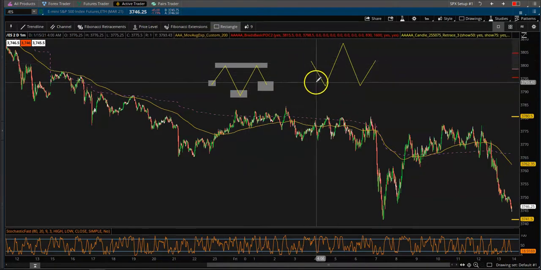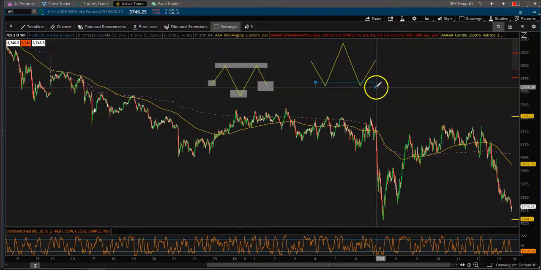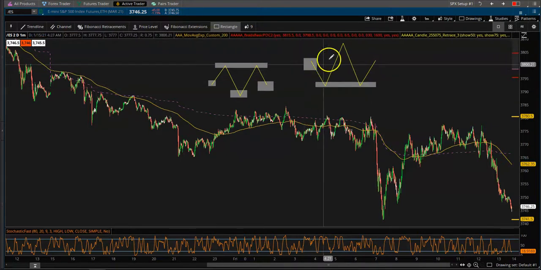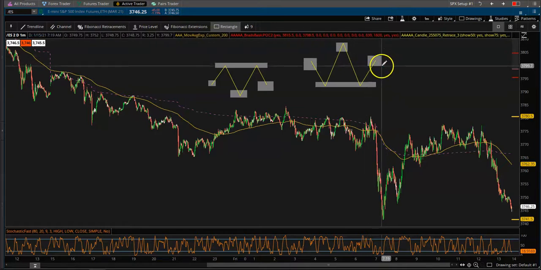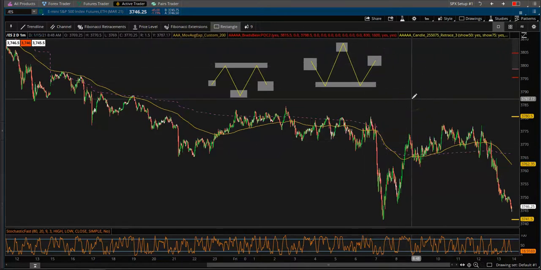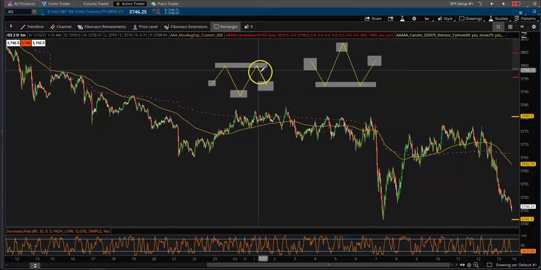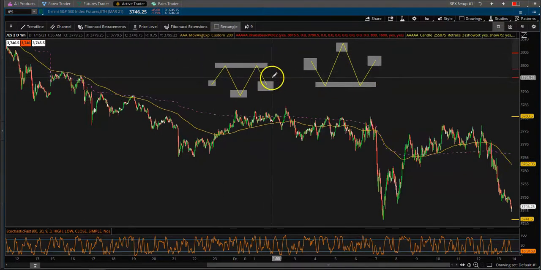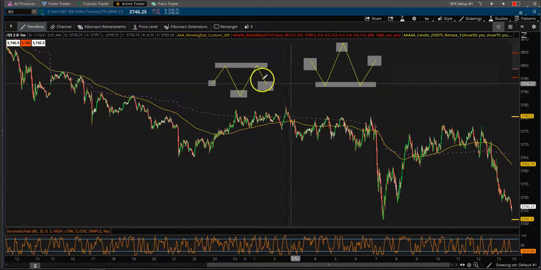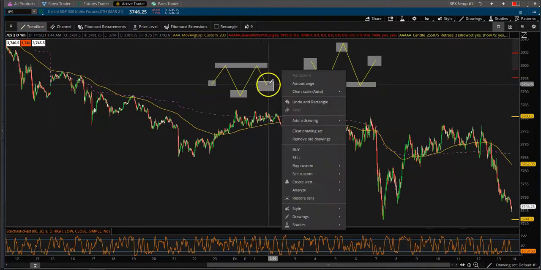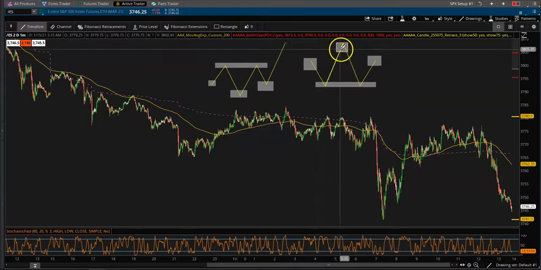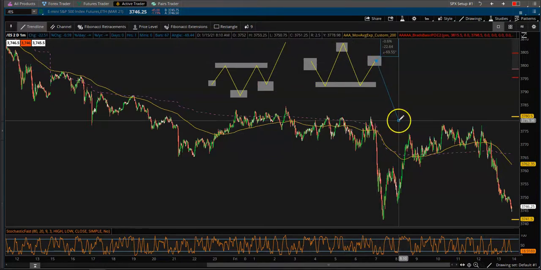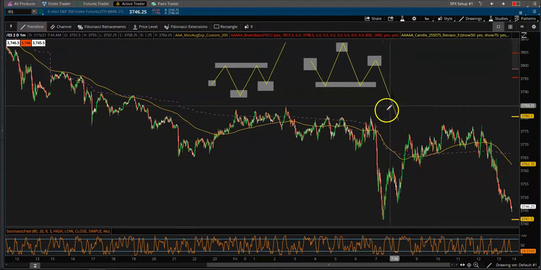On the opposite, you have your neckline here, you have your left shoulder, your head, and your right shoulder right here. Okay, so with these type of patterns, an inverse head and shoulders right here is a bullish pattern, to where you want to see price break out and go to the upside, and a head and shoulders pattern is a failure to the downside.